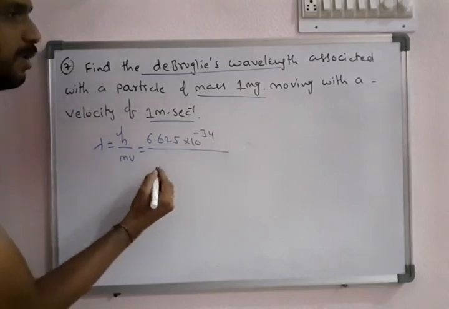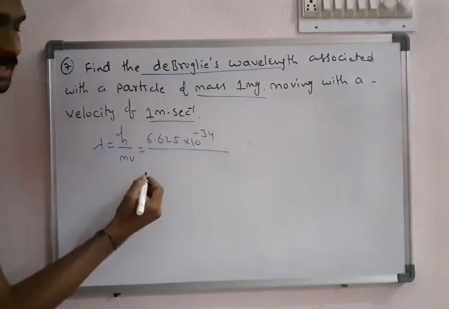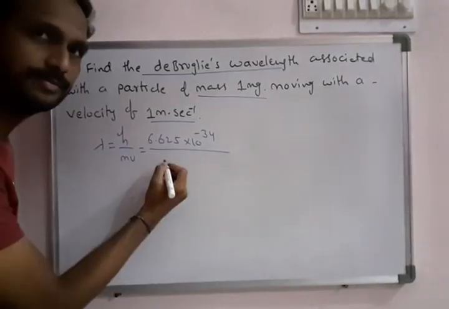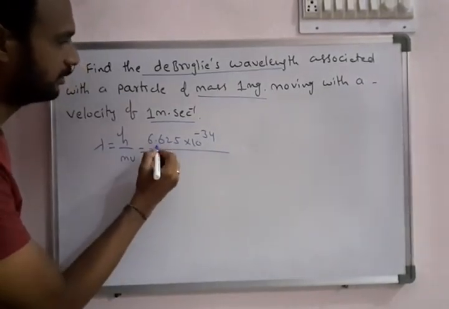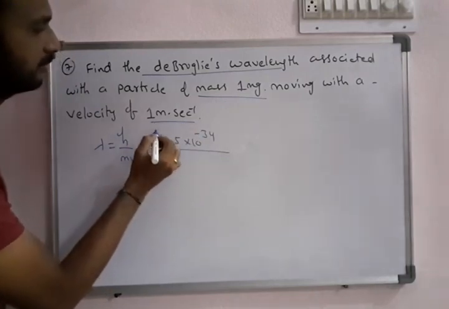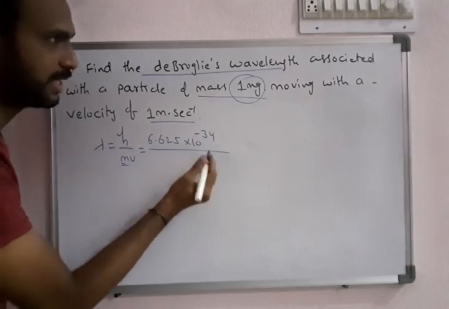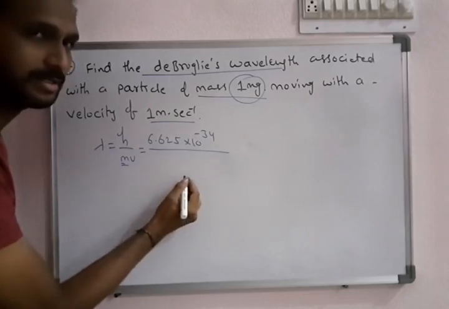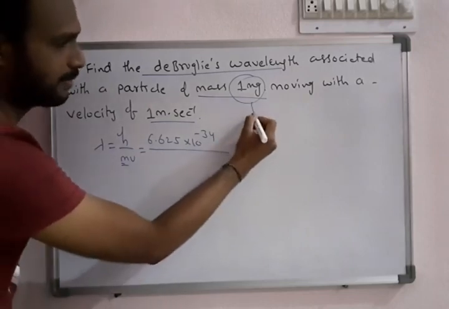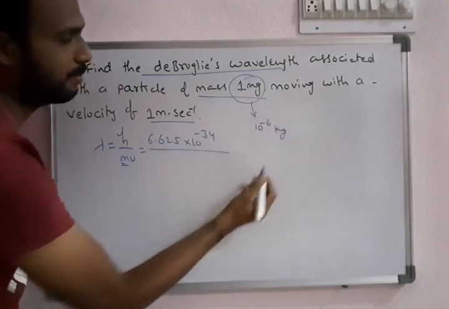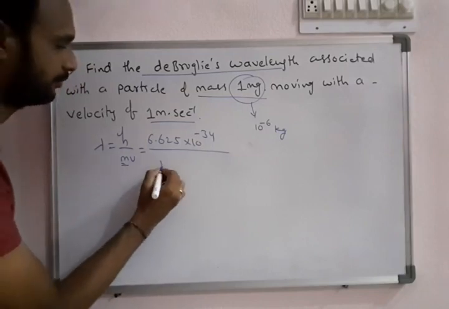Here it is given as 1 milligram, so we must convert it into kilograms. 1 milligram is approximately 10 power minus 6 kilograms.